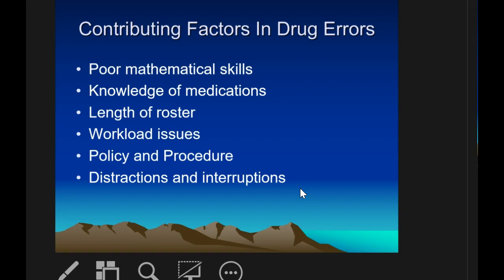There's always high risk. Comes down to individual aspects, knowledge of medications. The variables that affect level of knowledge include the length of your experience as a nurse and the level and recency of your professional education, obviously.